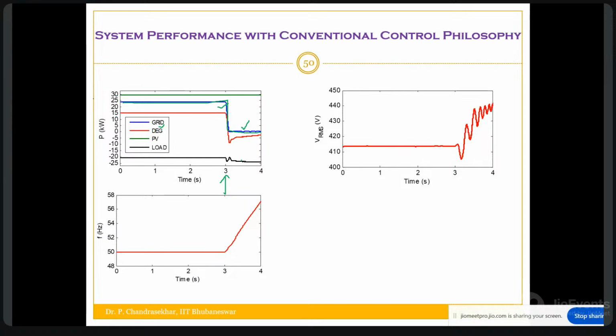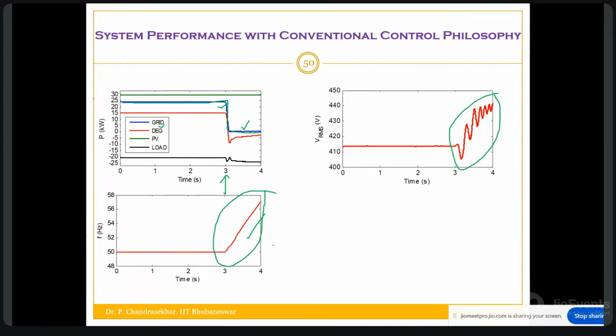Because of this excess power, the frequency of the system started rising. Within a short time, the frequency is shooting up. Not only the frequency, the voltage is also shooting up.